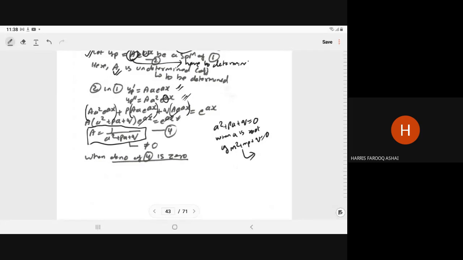What is this? It is the auxiliary equation, in article section 17. When a is a root of the auxiliary equation, then only a^2 + p a + q = 0. So if the denominator is 0, then capital A in equation number 4 will not work.